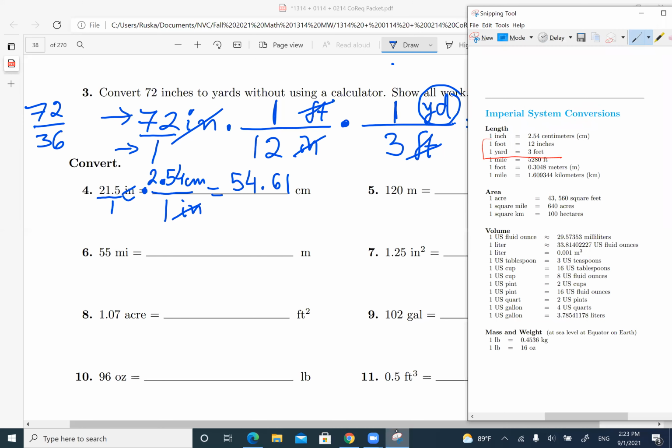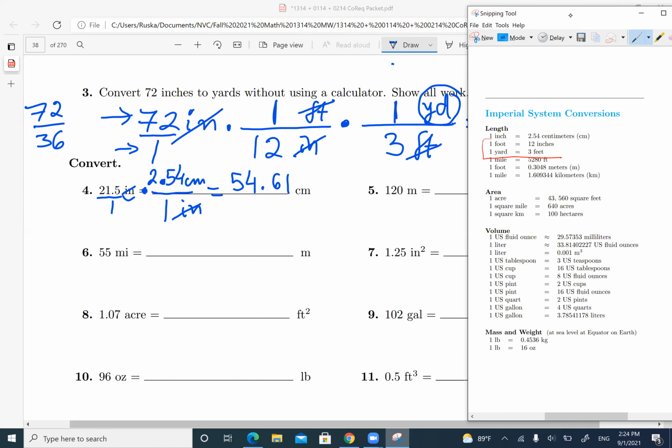So let's see what is the relationship between meter and yard. Where is that? Yard and meter. We don't have exactly yard to meter, right?